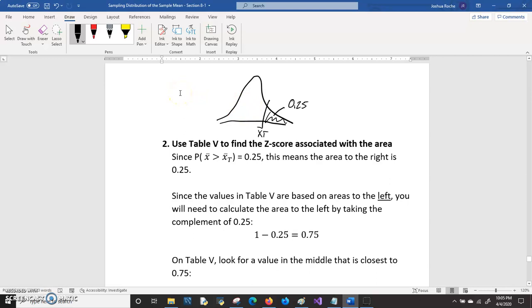So you would still consider the same thing: the area to the left is going to be the complement of the area to the right. So 1 minus 0.25, and really we're going to be using 0.75 for the area.